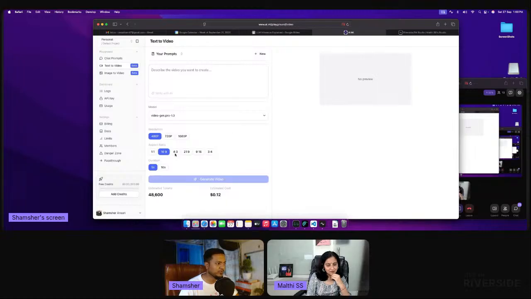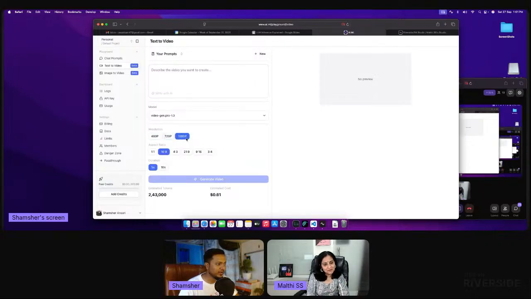If you click 4:3, you see the token size increase. Depending on the resolution, it changes the cost and the estimated tokens. Video requires a lot of tokens to generate, and these are the output tokens. And this costs you different amounts.